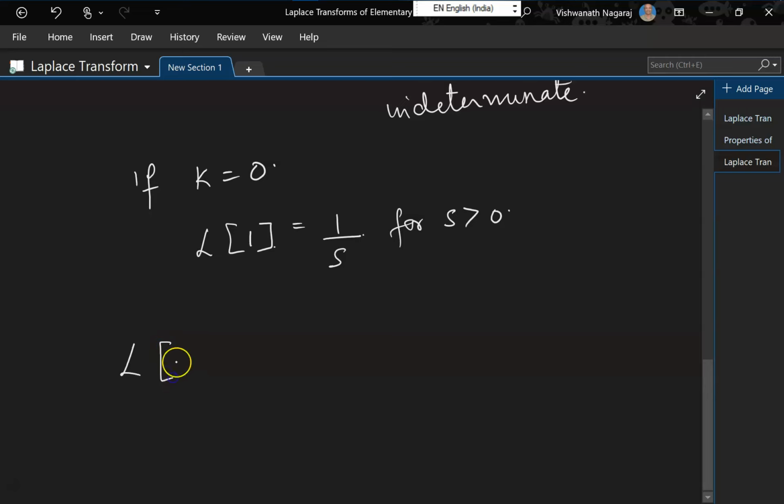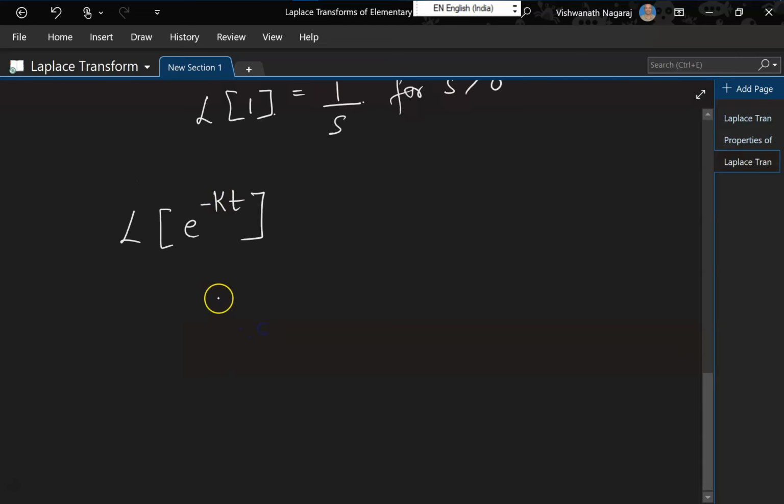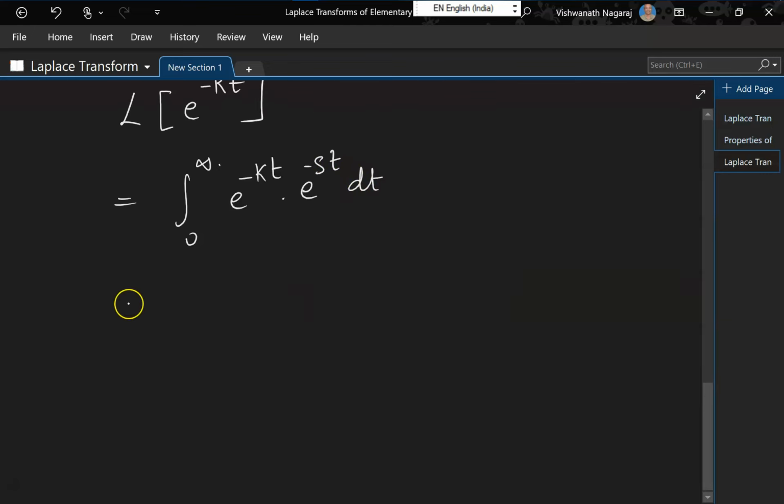Remember, we looked at the Laplace transform of e to the power of kt. What happens if it is minus kt? Just follow the same procedure. Minus kt is now the f of t, times e to the power of minus st dt. So this becomes the integral from 0 to infinity of e to the power of minus (s plus k) t dt.